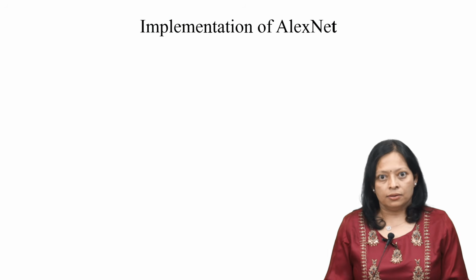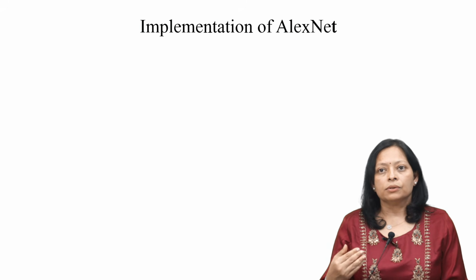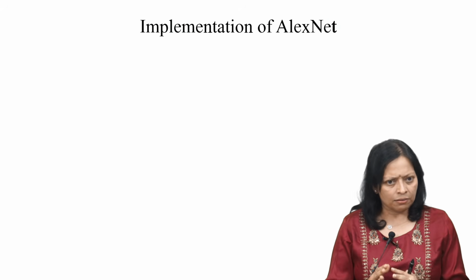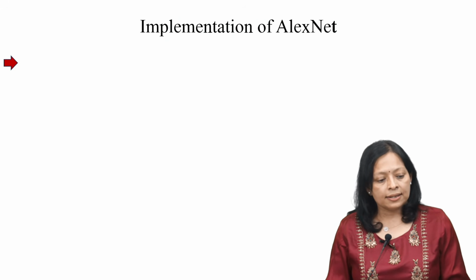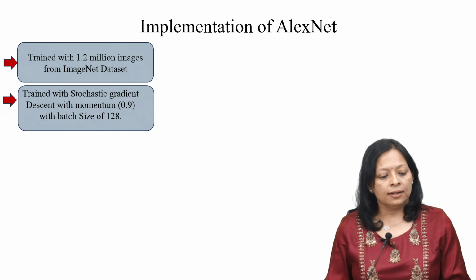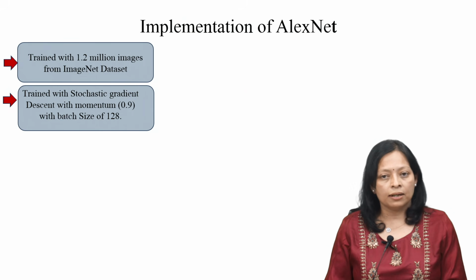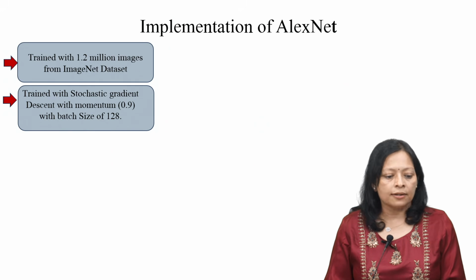Now we will come to how efficiently and brilliantly AlexNet has been implemented. AlexNet is a big structure. It's a deep convolution neural network, and if we try to train it on CPUs, it would take months. So, what this team of scientists did is they first trained with 1.2 million images from ImageNet dataset, and then they trained with stochastic gradient descent with momentum, where the beta value they chose as 0.9 and a batch size of 128.